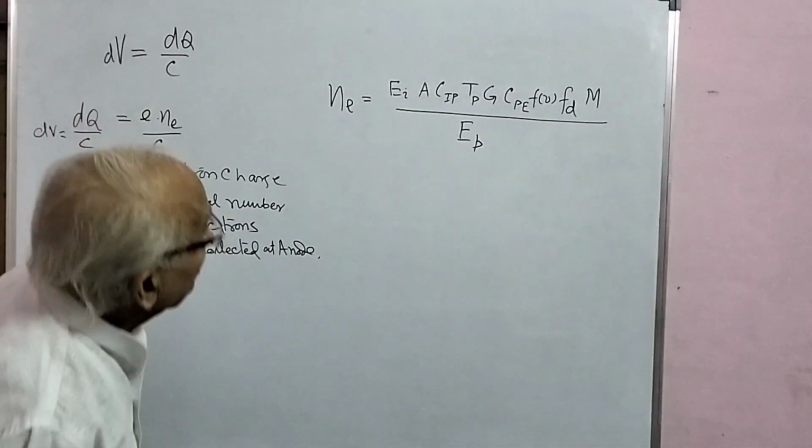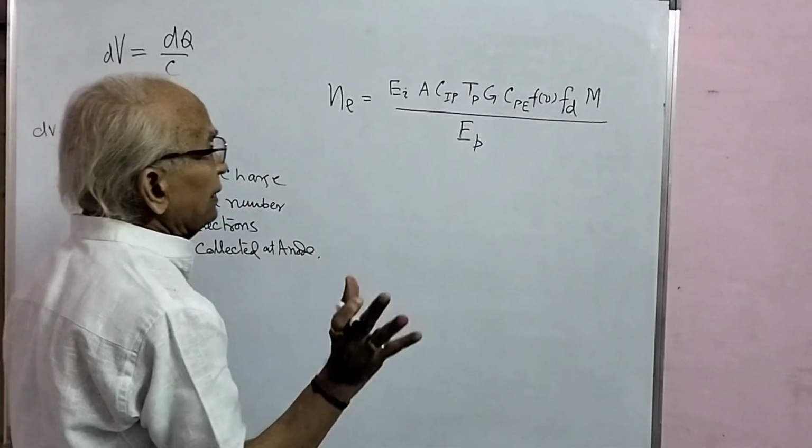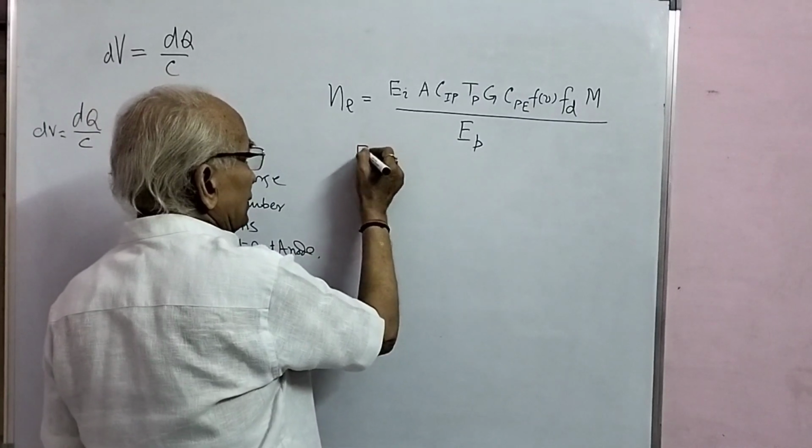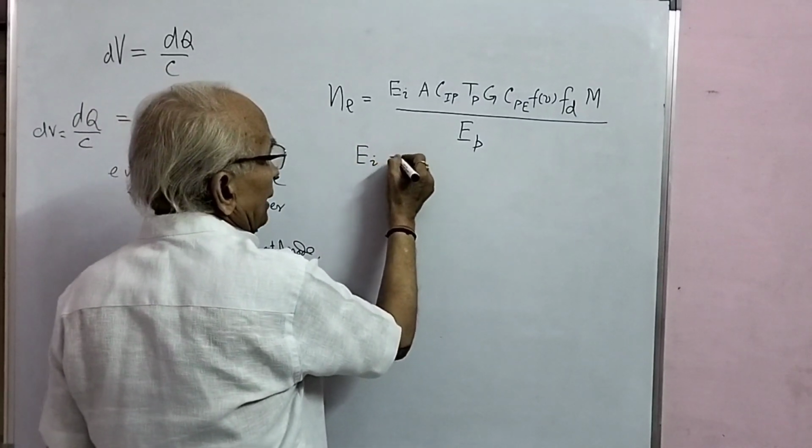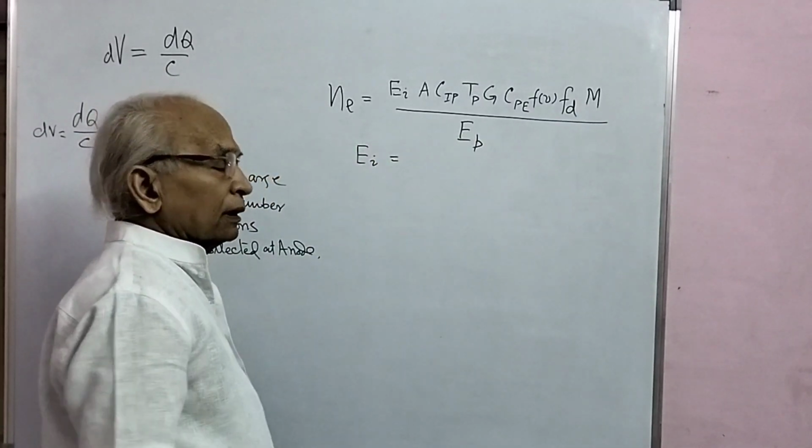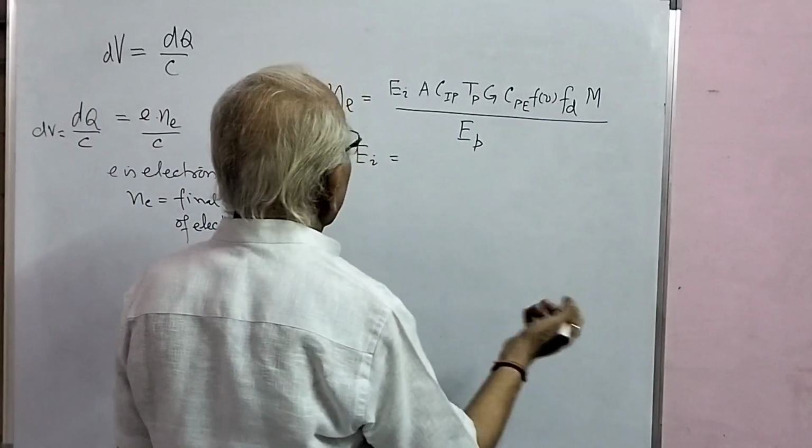You see, this is the number of electrons finally collected. EI is the initial energy of the gamma ray.